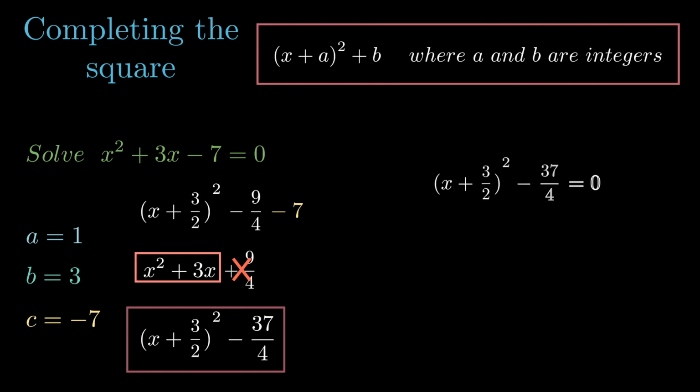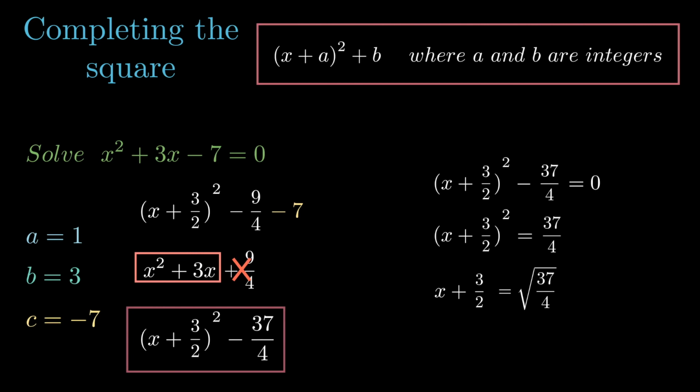Now to solve this, we just make it equal to 0. So (x plus 3 over 2) squared is going to equal 37 over 4 by rearranging. And then we square root 37 over 4 to get rid of the squared.